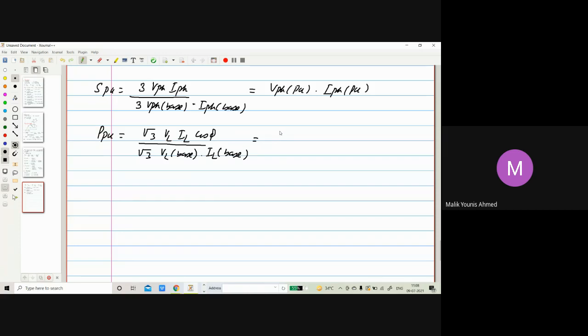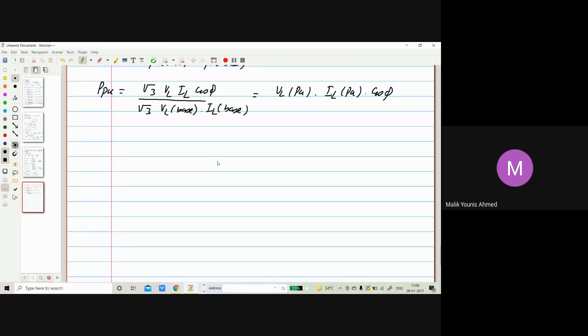VL divided by VL base will be VL in per unit, and that will be IL in per unit multiplied by cos phi. So whatever results are expected in the actual absolute system, the same results will be expected in the per unit system, except the modification of value 3 and under root 3 that I have shown you by the derivation. That's one of the drawbacks of the per unit system.